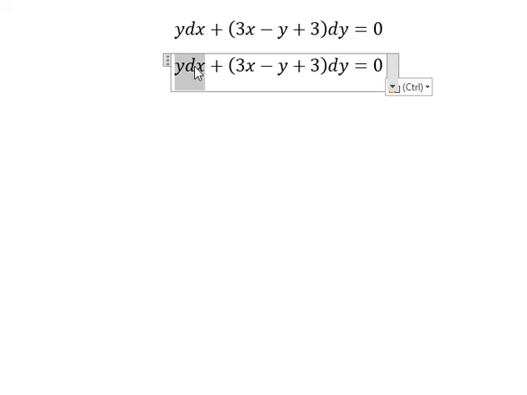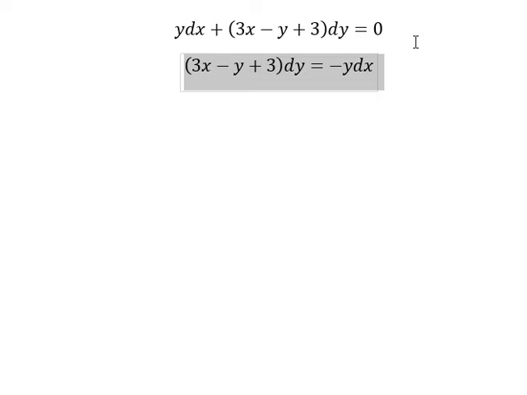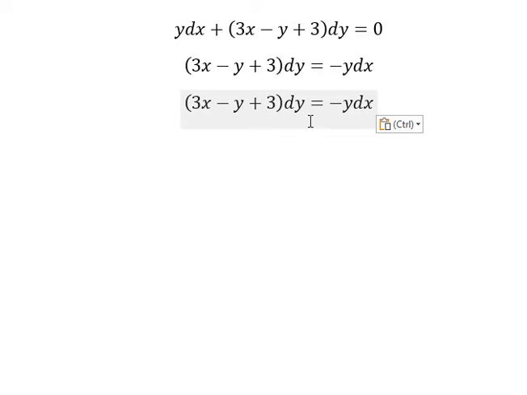So I will put this one go to the right. Next, I will divide both sides by ds and 3x minus y plus 3.